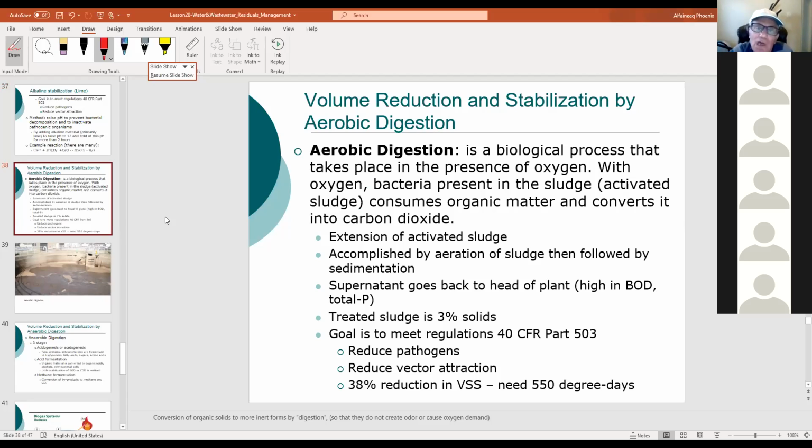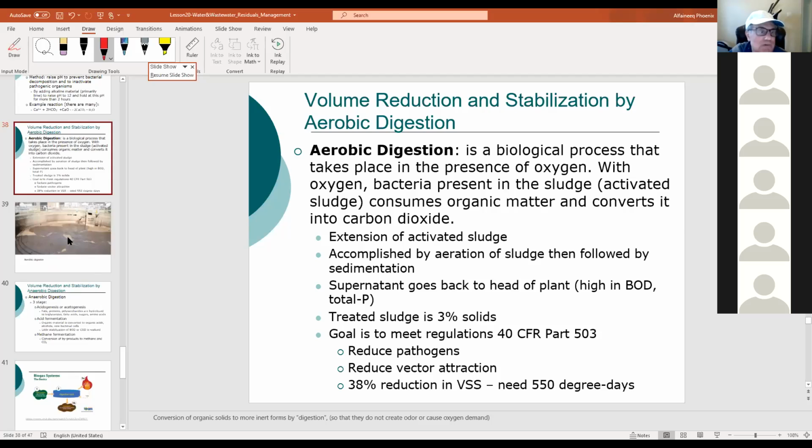The whole idea here is you have now in this sludge too much bacteria, microorganisms. You don't need them. So what to do with them, all right? Keep them eating until they eat everything. After that, they're going to die, all right? This is the whole idea about aerobic digestion, right?